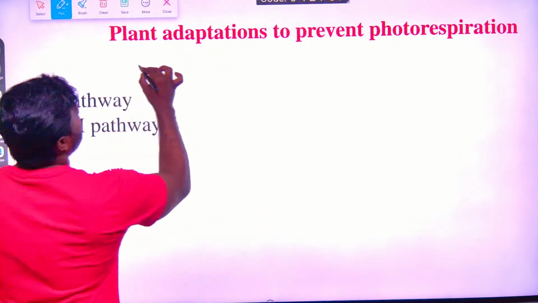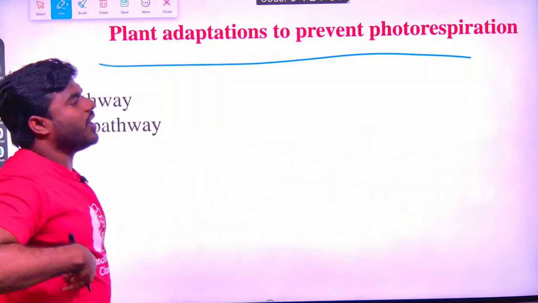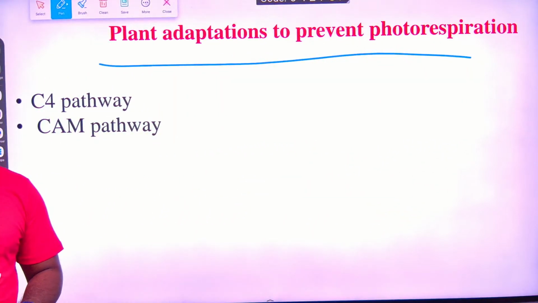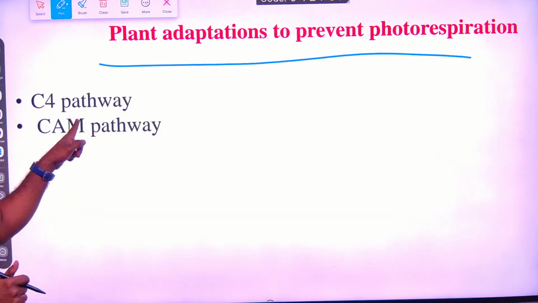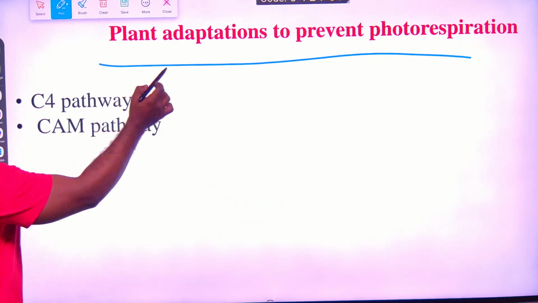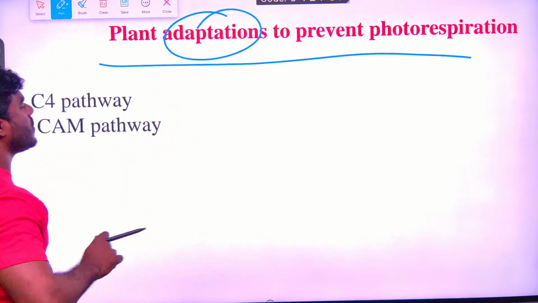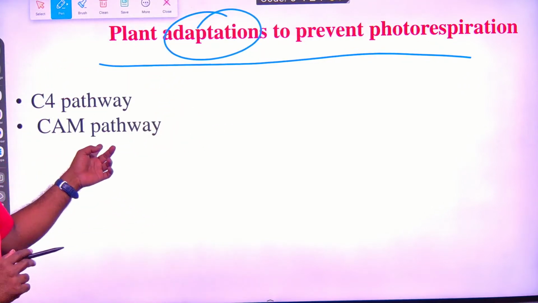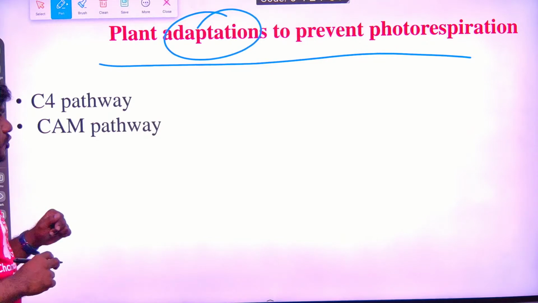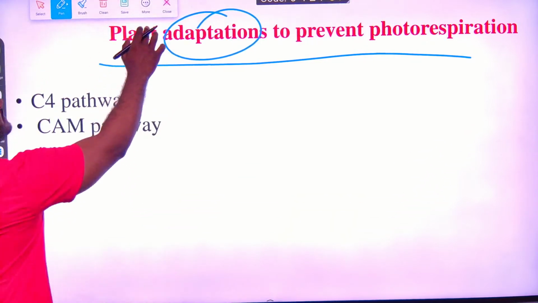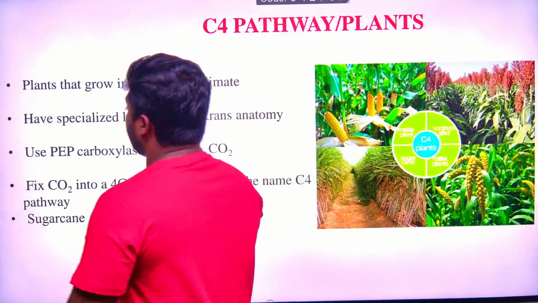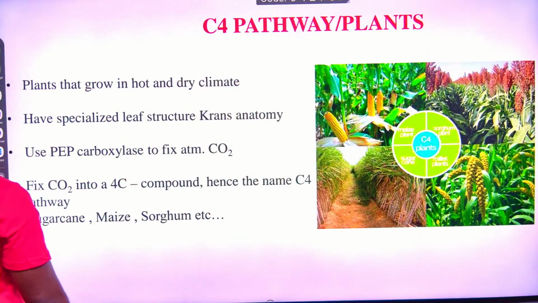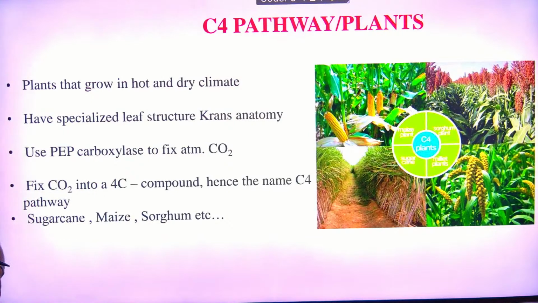Alright, plant adaptations to prevent the mechanism of photorespiration. Photorespiration only happens in C3. It never happens in C4 and CAM because they show a lot of adaptations or escaping mechanisms. How are they going to show it? Let's see. Why do we call it the C4 pathway? Because the stable or intermediate product that is produced is a 4 carbon containing compound.